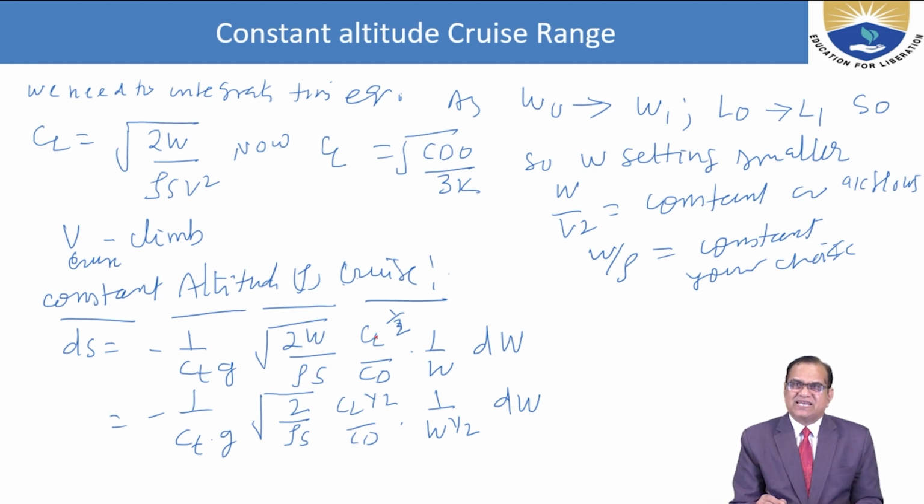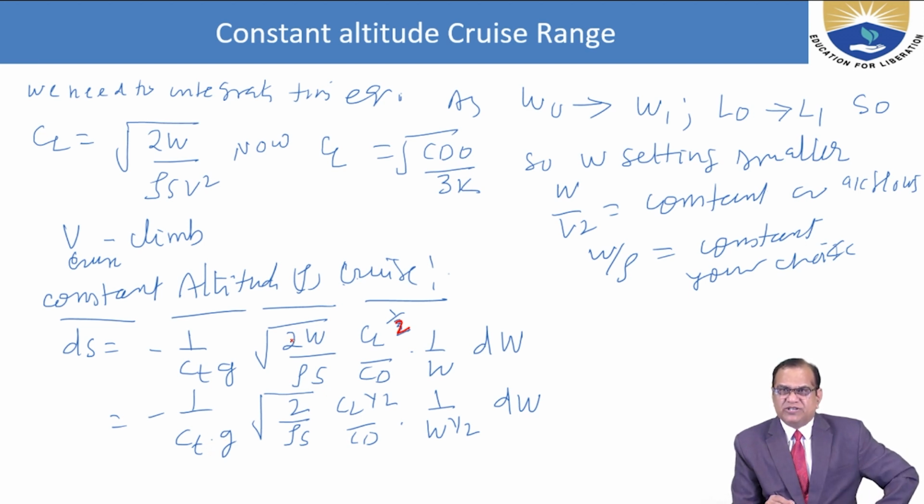W by rho S, Cl to the power 1 by 2 by Cd, 1 by W into dW, minus 1 by CTG. Here we can take out what is constant, because this W will be here; it is not constant now. So under root 2 by rho S, Cl to the power 1 by 2 by Cd, 1 by W to the power 1 by 2 dW.